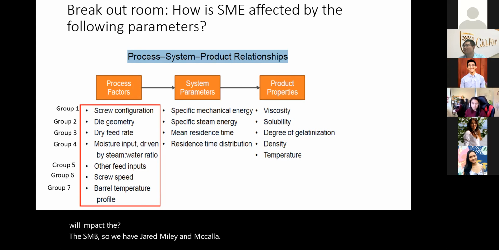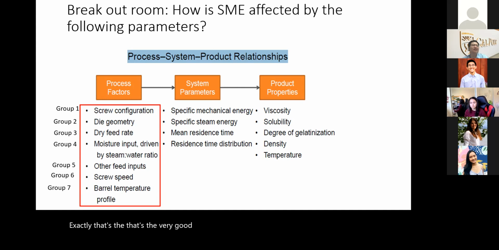We said that more moisture would decrease SME because, why is that? Well, it would affect the mass flow rate at the bottom and it would make the denominator bigger, but it would also decrease viscosity, which would decrease torque. Exactly. That's a very good answer.